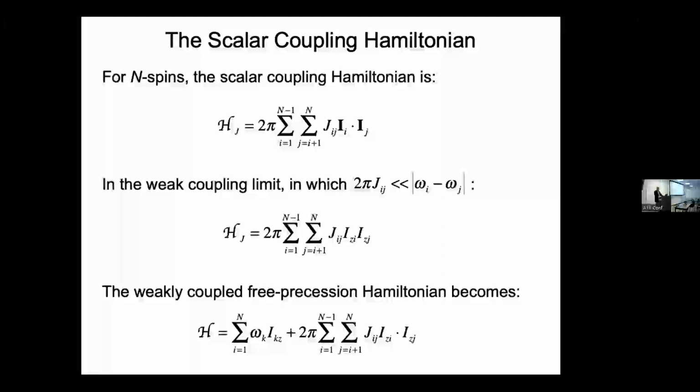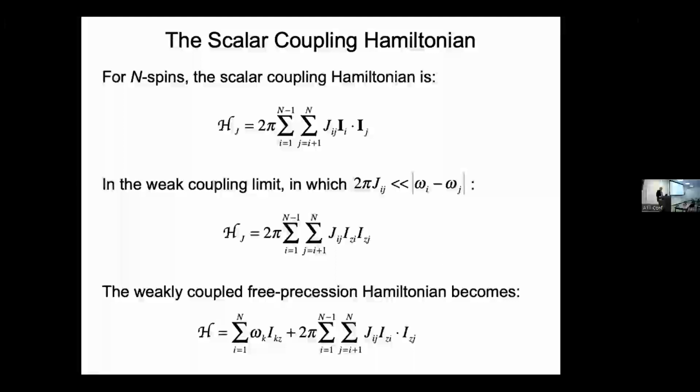In solution, or in all NMR, there's something called the weak coupling limit, where the J coupling is much smaller than the frequency difference between spins. So here, for example, let's suppose we're talking about the amide hydrogen and the alpha hydrogen in a protein. That scalar coupling ranges from close to 0 to maybe 12 Hertz.